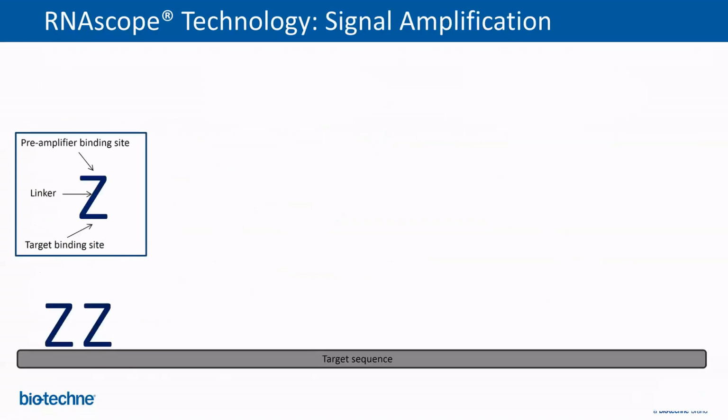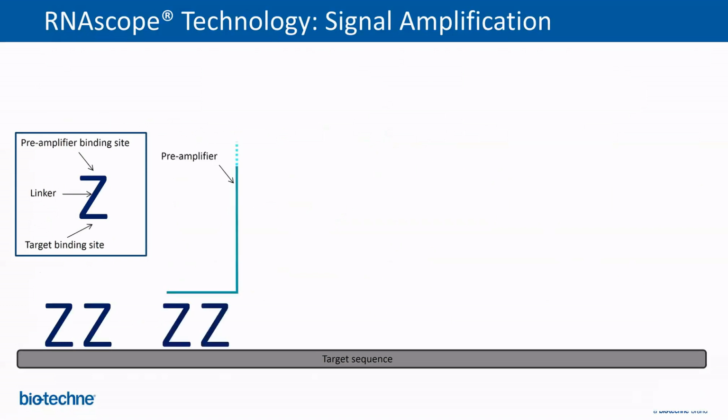We will now look at the signal amplification technology that is associated with the RNAscope assays. As I showed in the previous slide, the lower part of the double-Z probe binds to the target-specific region and has a linker that separates the upper part of the double-Z probe, which serves as the pre-amplifier binding site.